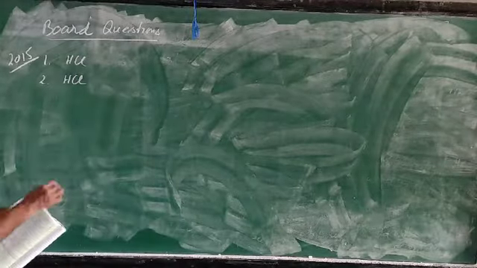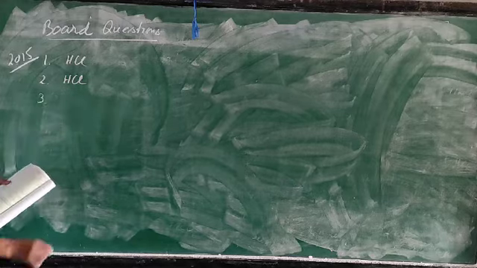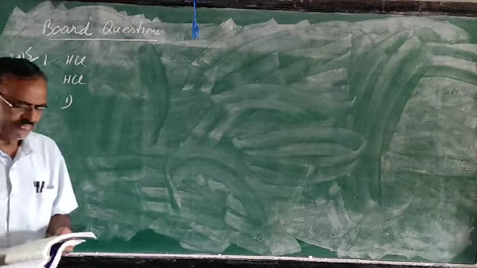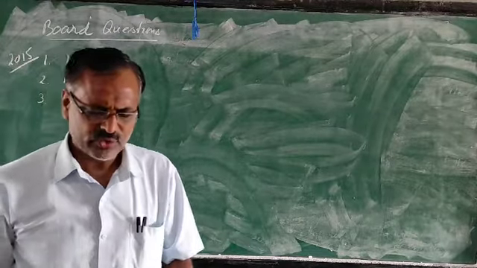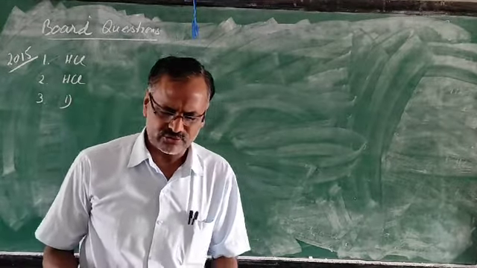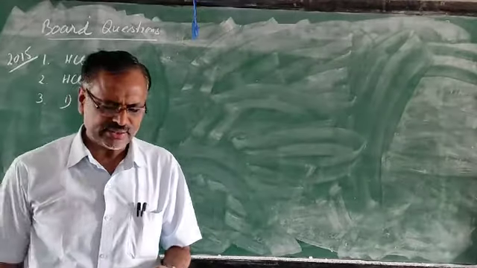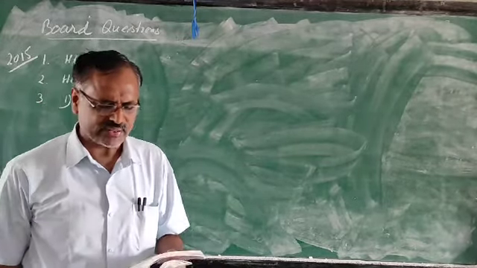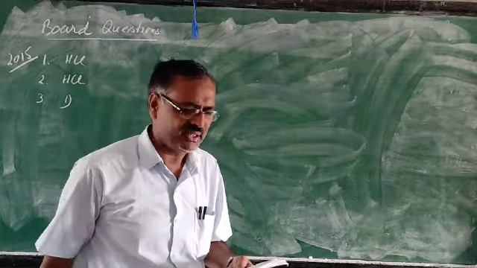Now the third question. In the third question, three parts are given. The following questions pertain to the laboratory preparation of hydrogen chloride gas. Write the equation for its preparation. Mention the condition required. Condition required means you have to mention the temperature.